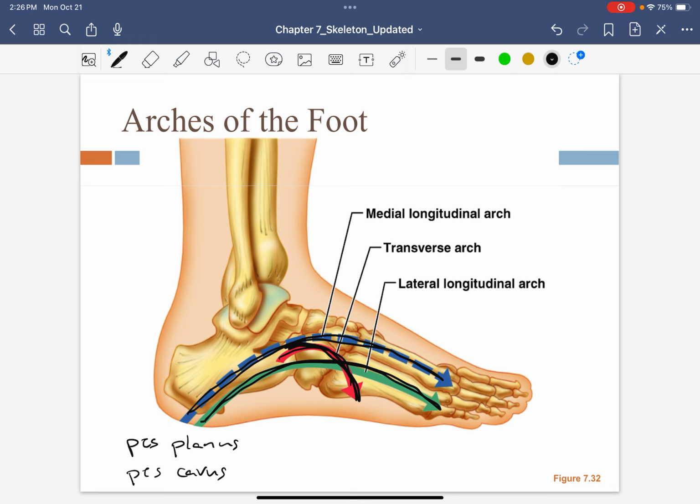People ask me all the time, is this a bad thing? And the answer is, a lot of times the rest of the body compensates. So if you're not having any foot pain or pain associated with your arch, I would say leave it alone. In many instances, someone might have flat feet, but other parts of their lower body have compensated for it.